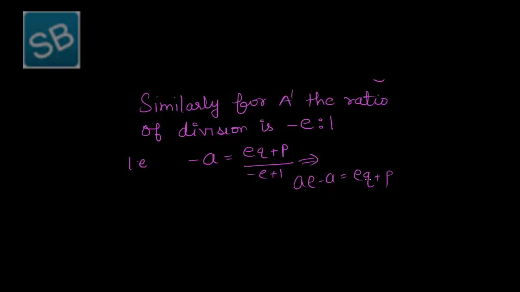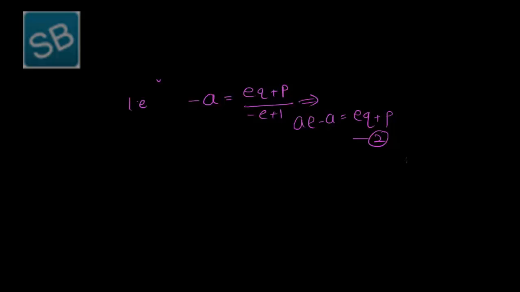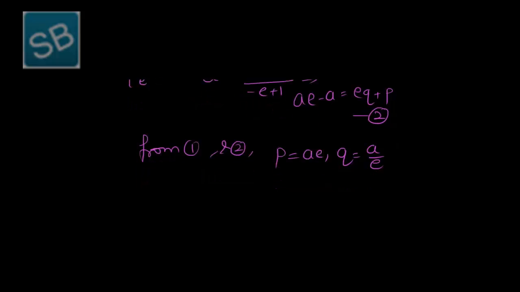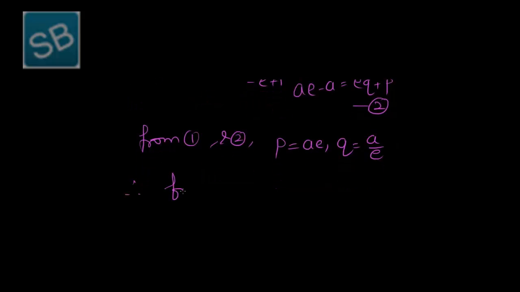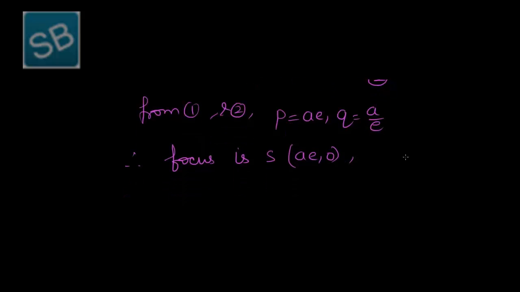So these equations are linear in q and p. By solving them we get from 1 and 2 that p is equal to ae and q is equal to a over e. Therefore, focus S is (ae, 0), and coordinate of Z is (a over e, 0).